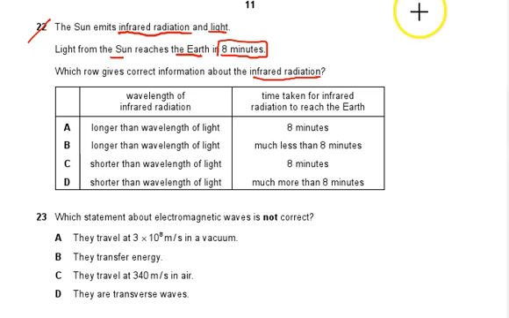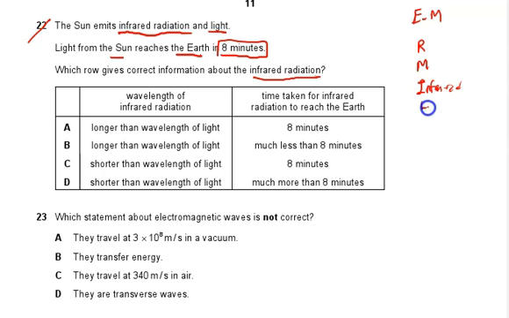So if you look at our EM spectrum, first we will have radio waves, then microwave, then infrared, then visible light, then we will have UV, X-ray and also gamma ray.